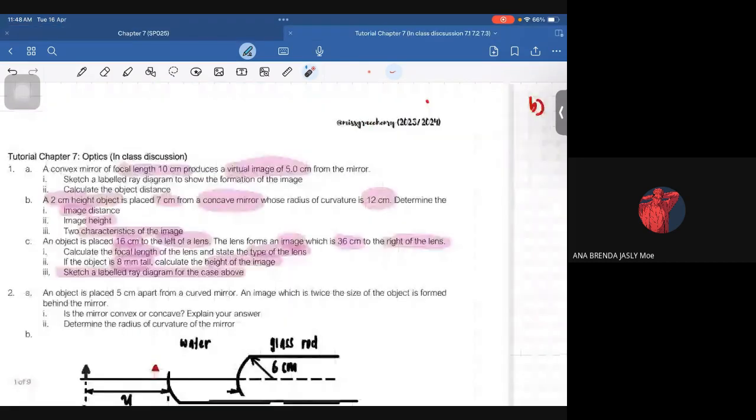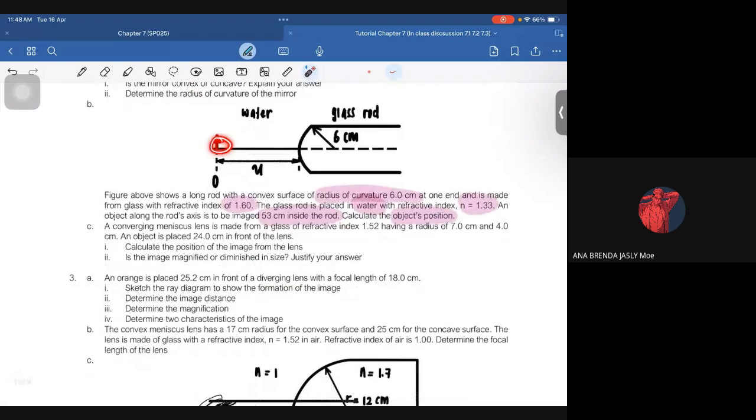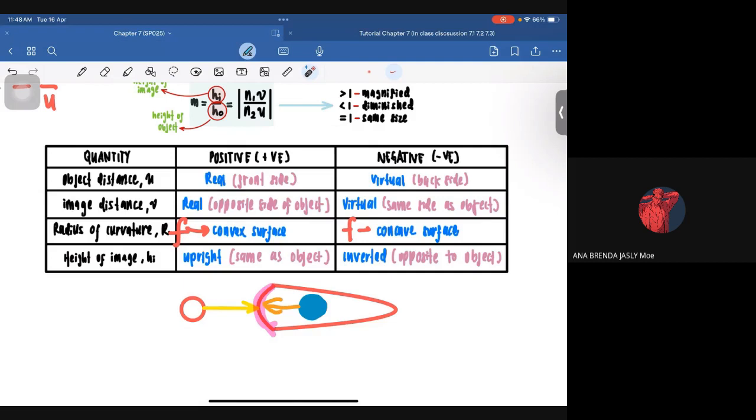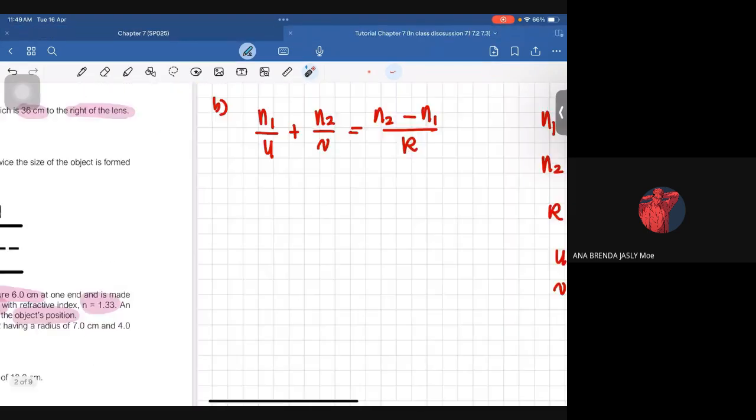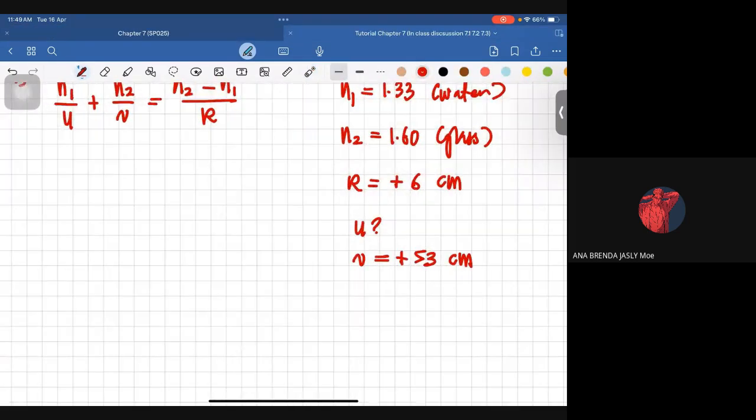And then based on our questions here, object berada di kiri. And then dia cakap image is formed inside the rod, meaning it is at the opposite side. So since it is at the opposite side as the object, image mesti positive. So kita letak sini positive 53 cm. Boleh faham? Ada masalah?